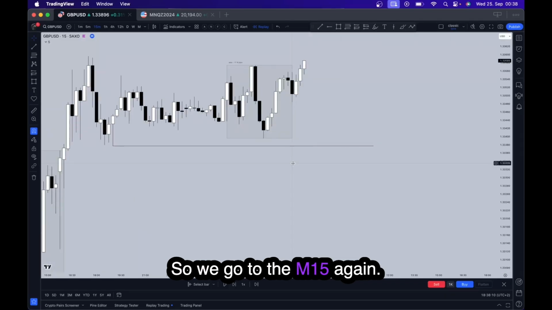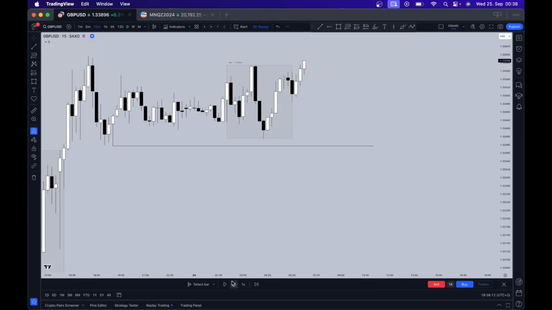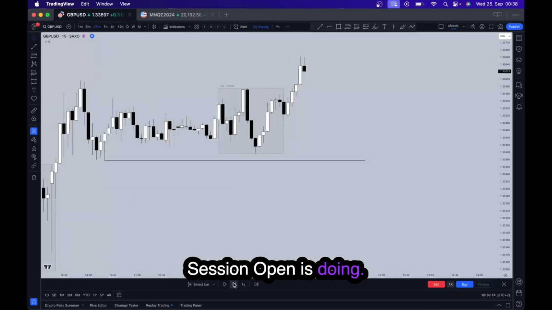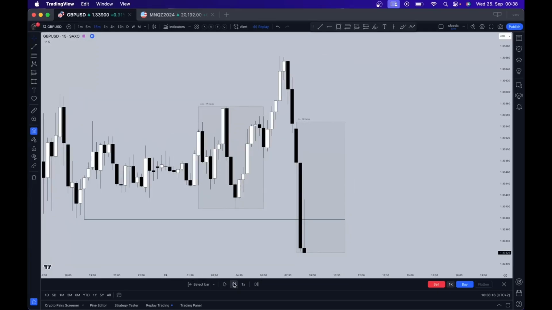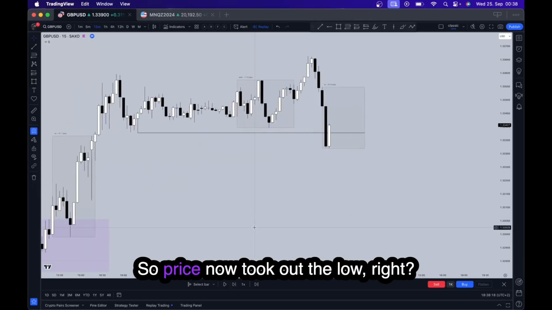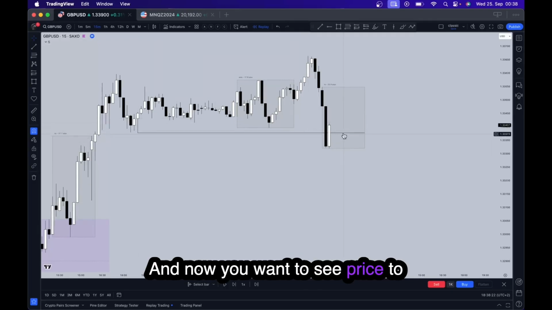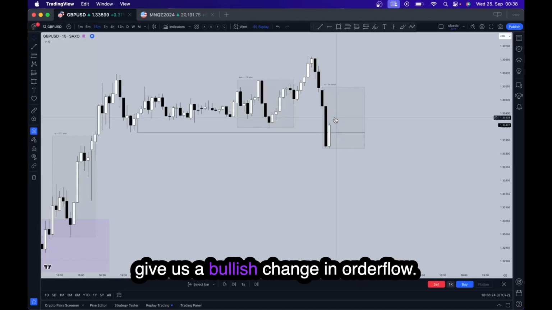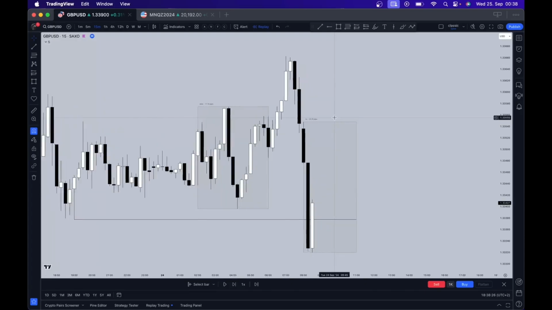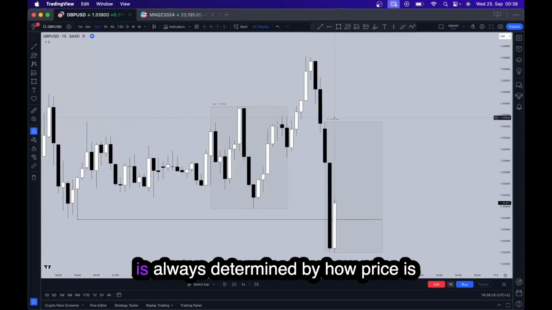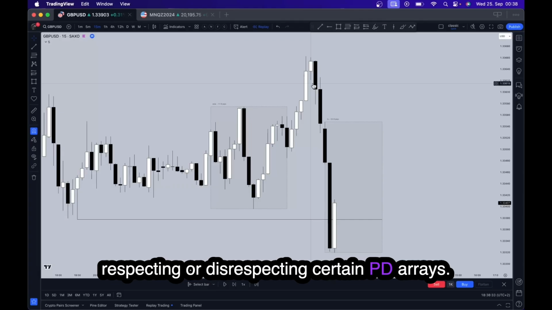So we go to the M15 again, and let's see what the London session open is doing. So price now took out the low, right? And now I want to see price give us a bullish change in order flow. Again, a bullish change in order flow is always determined by how price is respecting or disrespecting certain PD arrays.